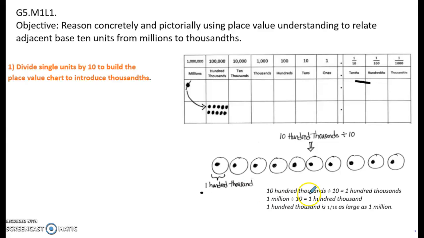Therefore, 10 hundred thousands divided by 10 equals 100,000. 1 million divided by 10 would equal 100,000. Therefore, 100,000 is 1/10 as large as 1 million. So dividing by 10 is the same as multiplying by 1/10.